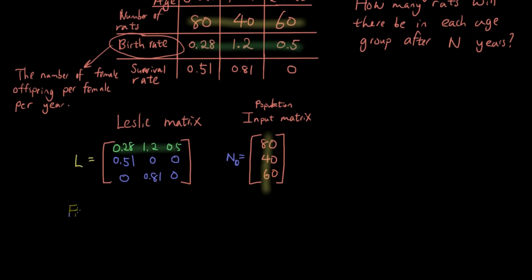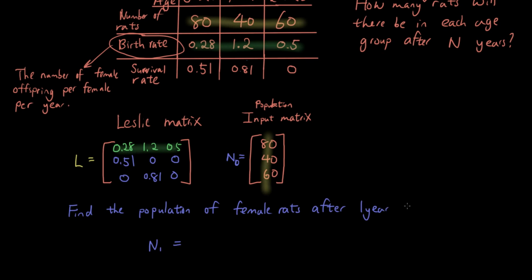Let's find the population of female rats after 1 year. This is called N1.